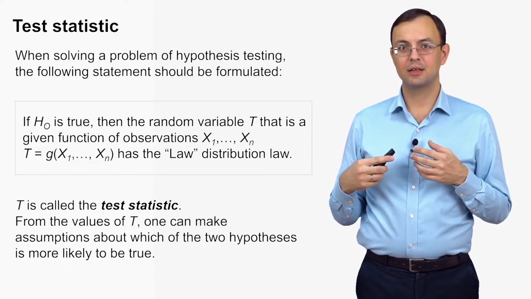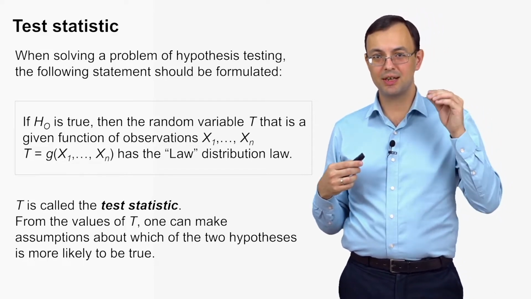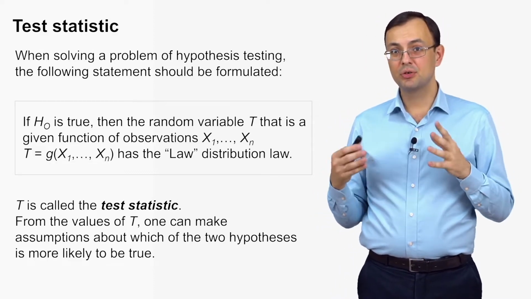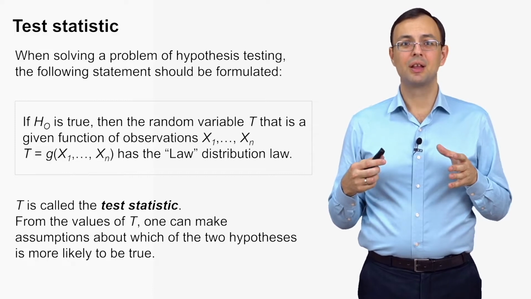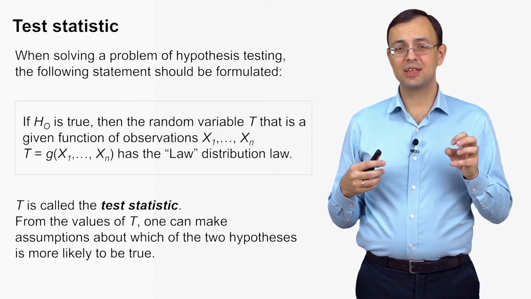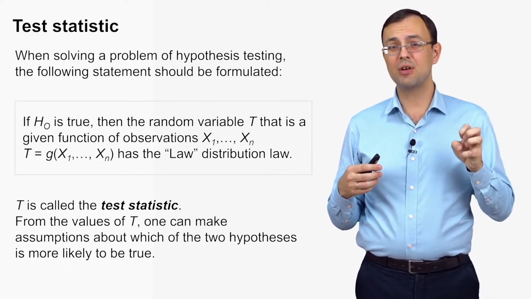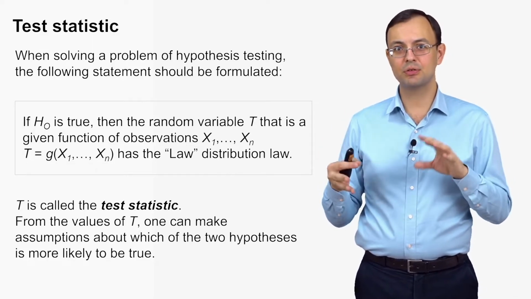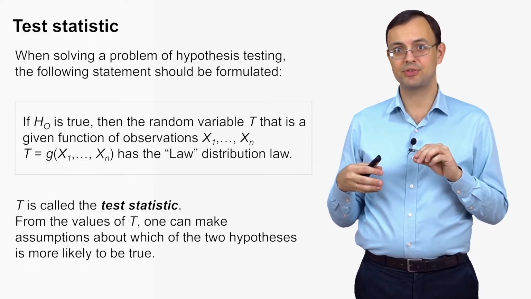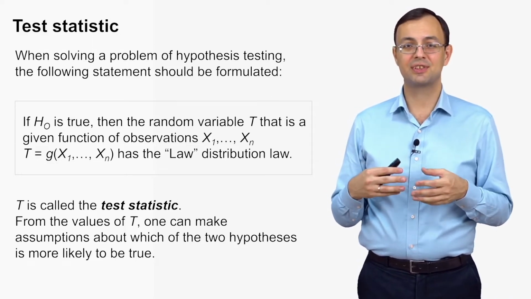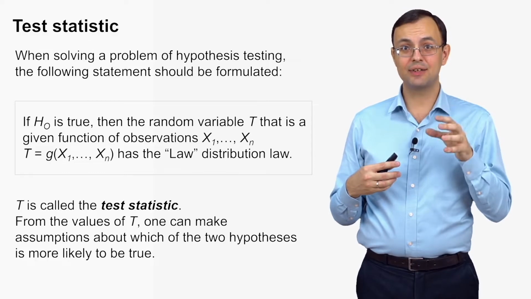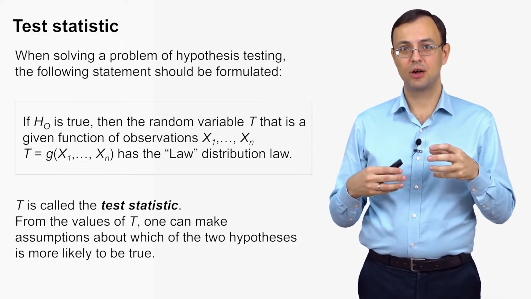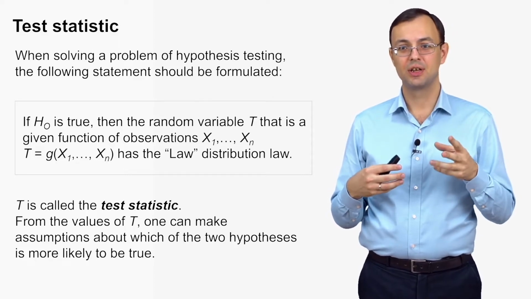So for example, when you just have a look at the formula of the test statistic of a given test, you understand, for example, that values of the test statistic that are close to 0 are in favor of the null hypothesis, and values that are far from 0 are in favor of the alternative hypothesis, or vice versa, something like this. So the values of the test statistic give you some information on which of the two hypotheses is more likely.